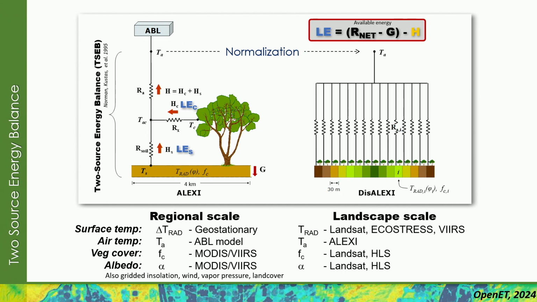Later we use that information, combined with the finer resolution LST observation and vegetation condition, to run DisALEXI, which can disaggregate the ALEXI ET from 4 kilometers to a finer spatial resolution. For example, when we use Landsat, we get a 30-meter ET estimation. So here is just to highlight a little bit of the theory behind the stage.